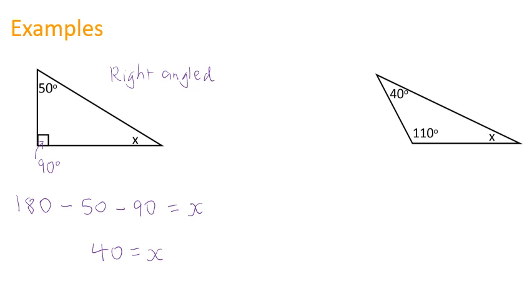Okay, then this next one here. So I'm going to work out what X is first. So I'm going to do 180 minus what I know, which is 40, minus 110 equals X. So put that in the calculator, and X equals 30. So this triangle has three angles that are all different sizes.